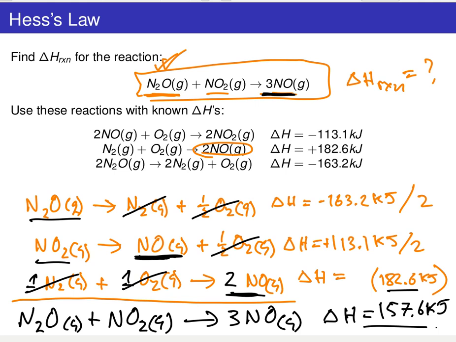Now, this is a good point to bring up, that if you are working through this problem using different tables, different values for delta H of reactions for these different terms here, you may find some discrepancies. Okay, so these are taken from a textbook value, you could look online, find slightly different values for those delta H of reactions.